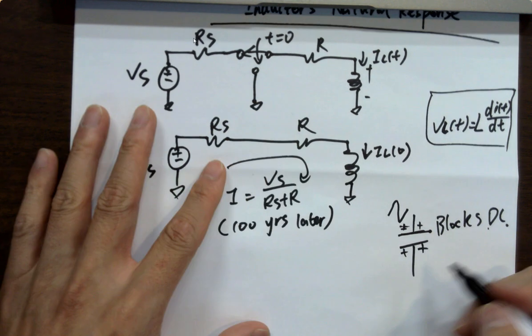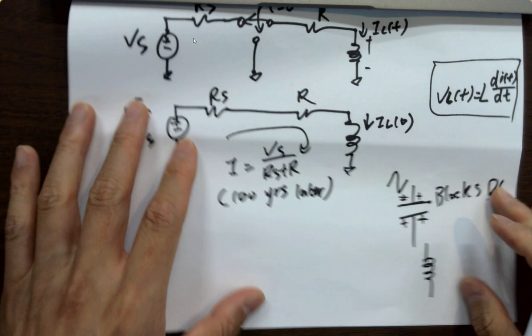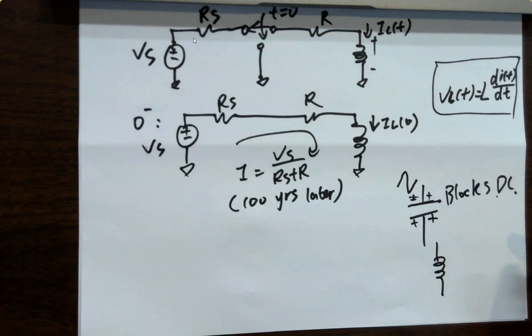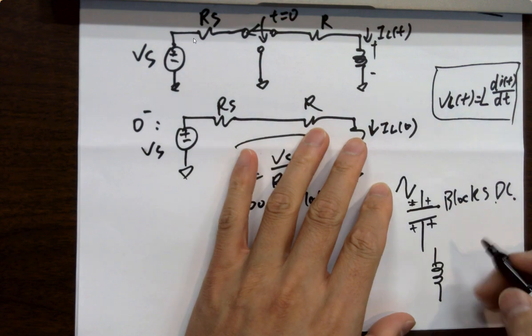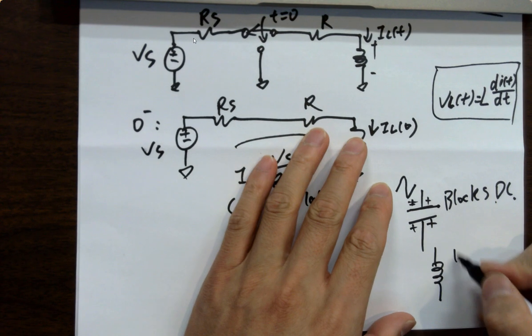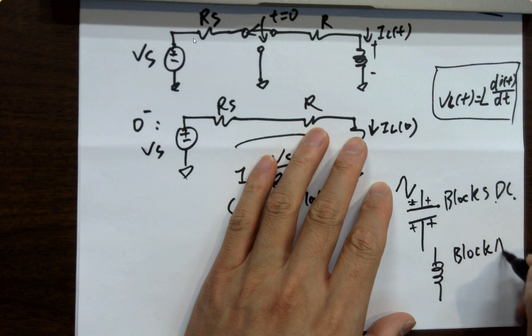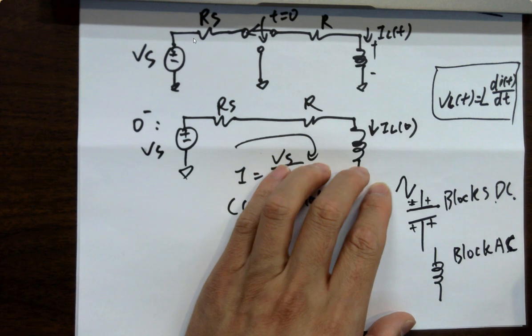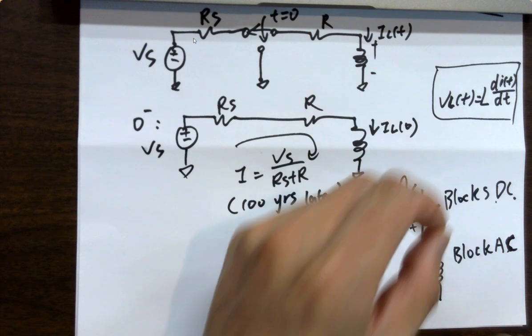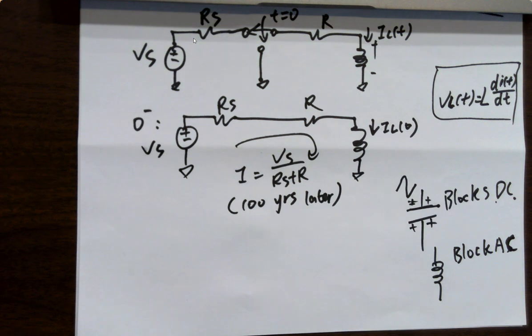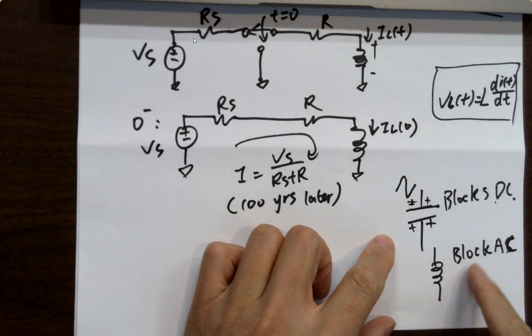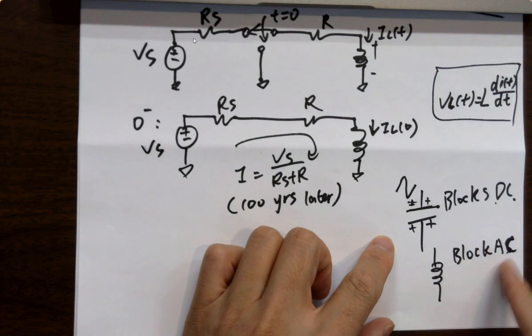For inductors, it's different. It passes DC and blocks AC. Why? Whenever it's trying to make any change, it generates a magnetic field and then a voltage to work against that change. So that's why it blocks AC but passes DC.